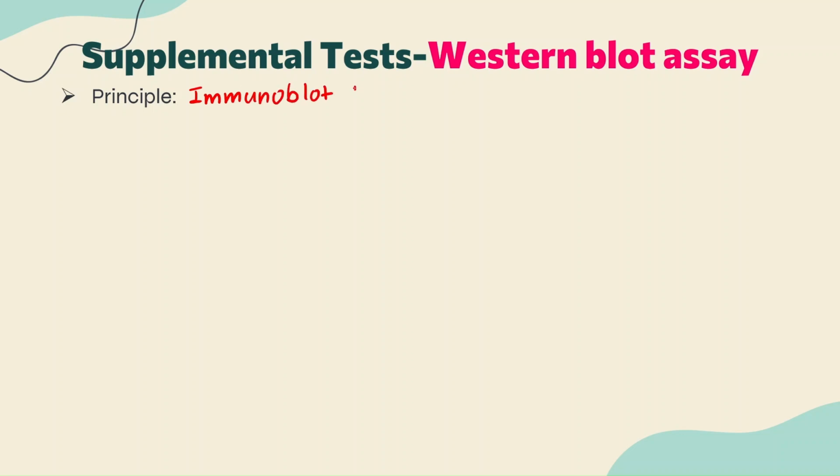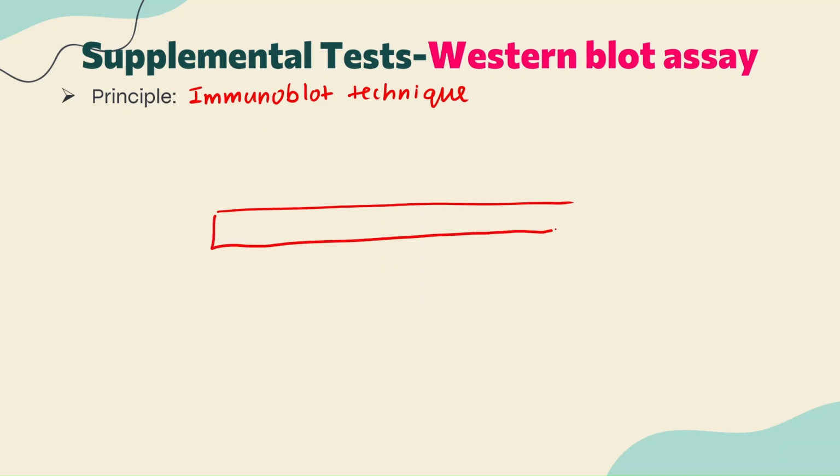Now under this test, what we are doing, guys? We are basically making use of a nitrocellulose strip. This strip has the HIV antigenic fractions, so it has the HIV antigens.